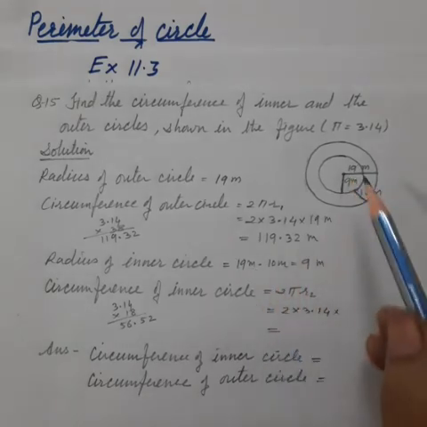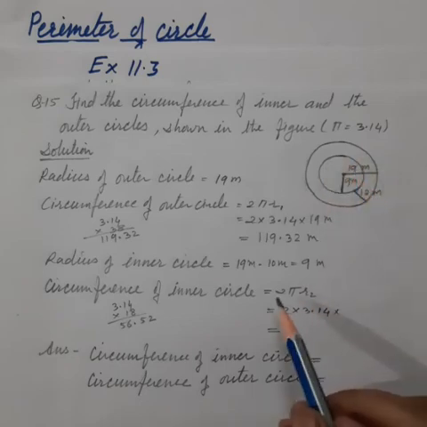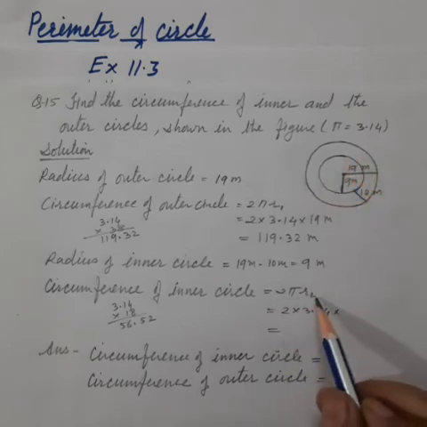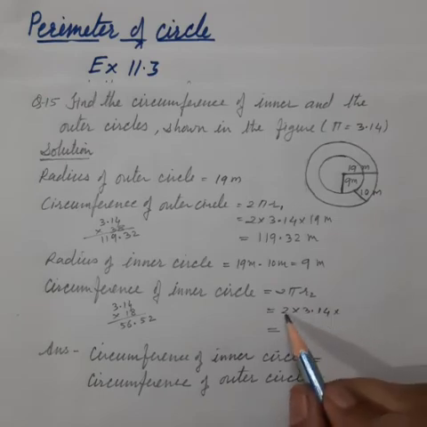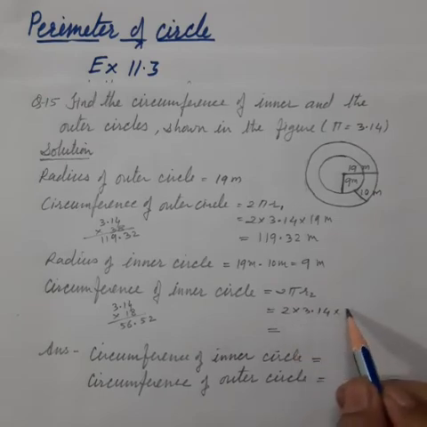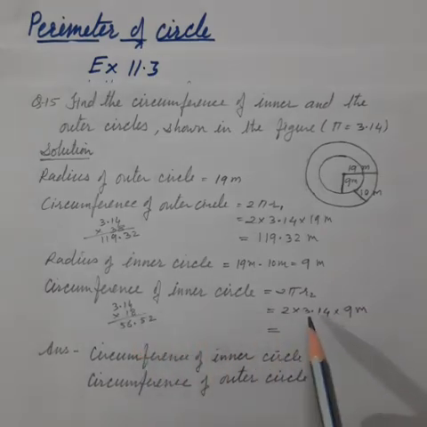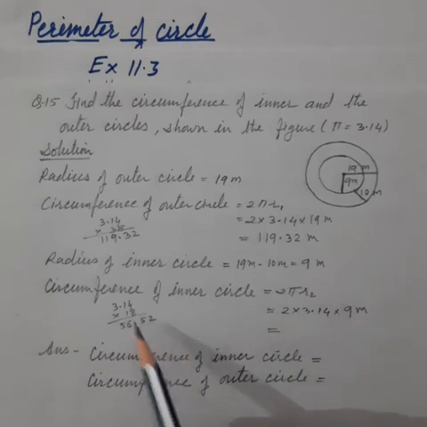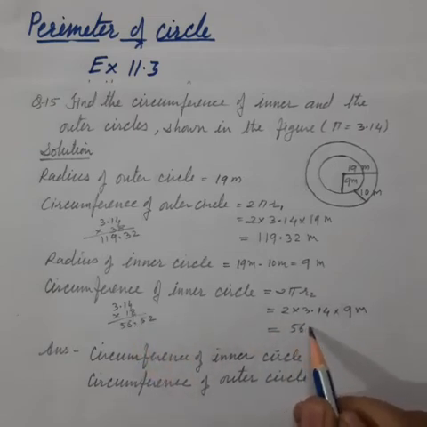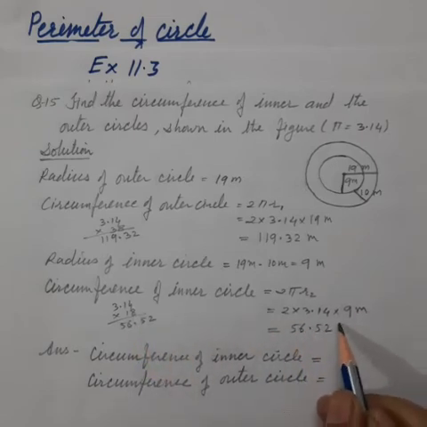Now find out the circumference of the inner circle. 2 pi r. Here r is 9 meter. So 2, value of pi is 3.14. Multiply it by the radius of the inner circle. 9 2s are 18. And multiply 3.14 by 18. We get here 56.52 meter.